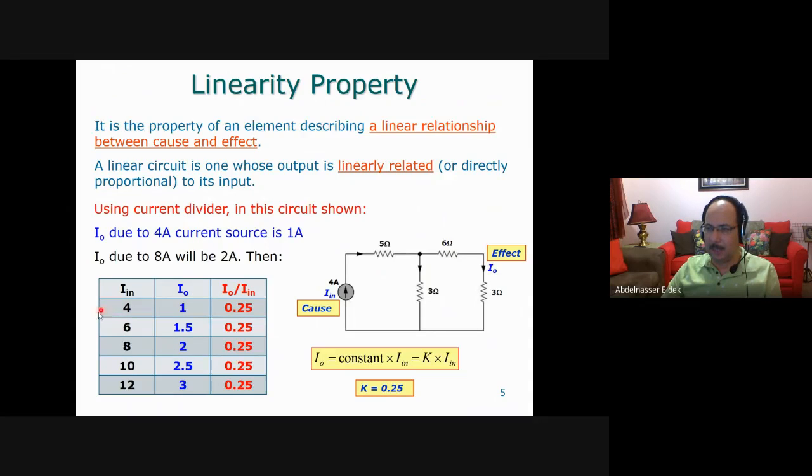If you multiply by 3, you multiply IO by 3. At the end, the relation between IO and IN is constant. You see, it is 1/4. IO divided by IN is constant. It cannot be a different number. It cannot be 0.25 here and 0.5 or 0.3 there. No, it must be 0.25. And this is the meaning of linearity.